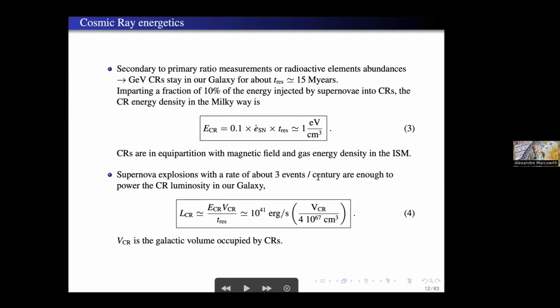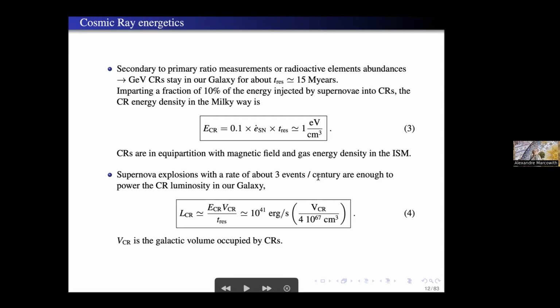And the calculation is as follows. From the secondary to primary ratio I showed you about cosmic rays previously, you can deduce the typical residence time scale of GeV cosmic rays in our galaxy, which is about 15 million years. And from that, you can evaluate the energy density you have in cosmic rays.